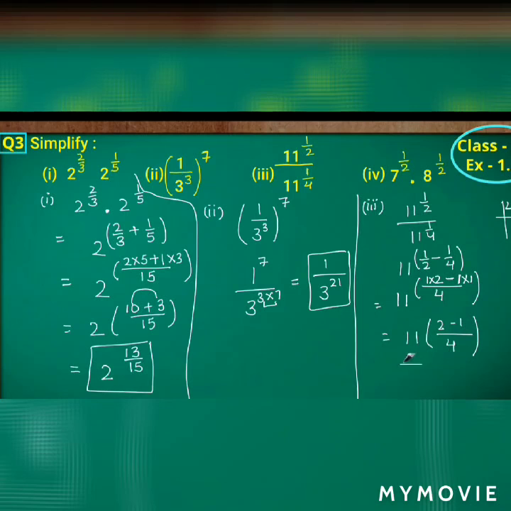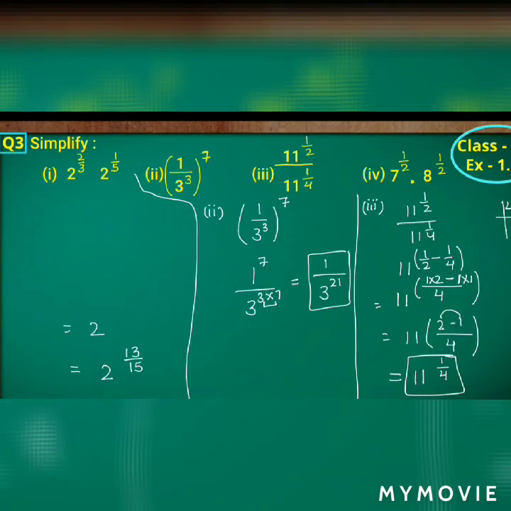So 2 minus 1 is what? 1. 11 to the power 1 by 4. So don't bother about anything, that is, if you are having different bases, first let it keep in the simplest form, afterwards you can do multiplication, isn't it?